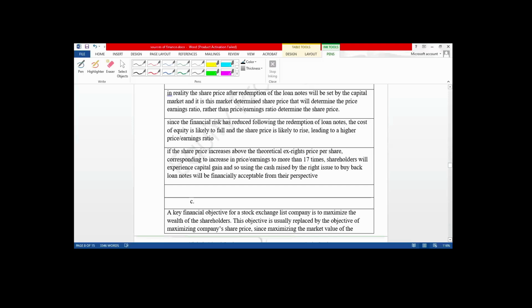So assuming after the completion of the right issue, we know the market share price. And this market share price is above the theoretical right price.